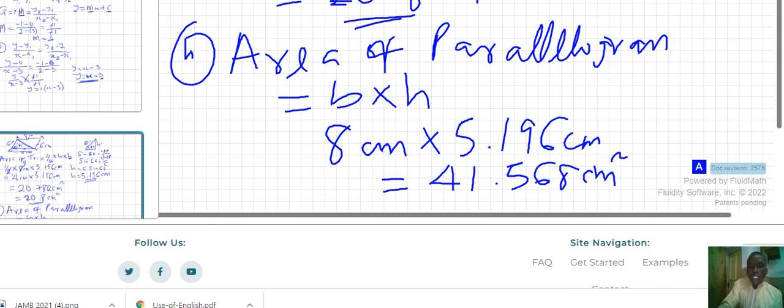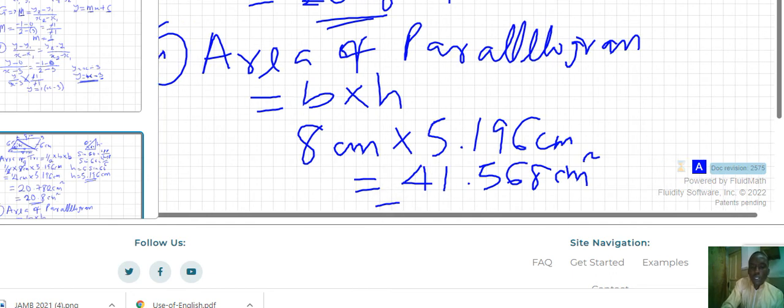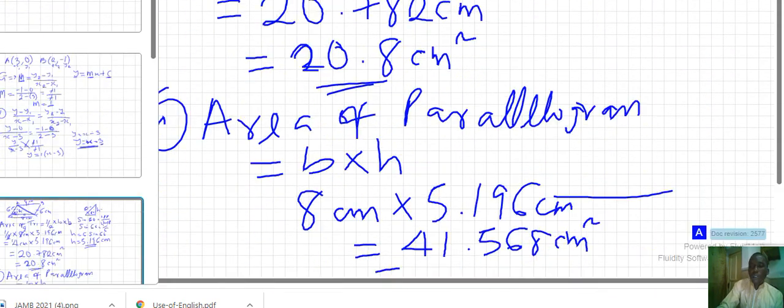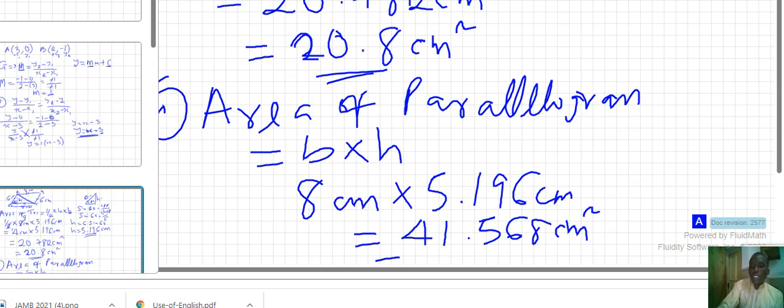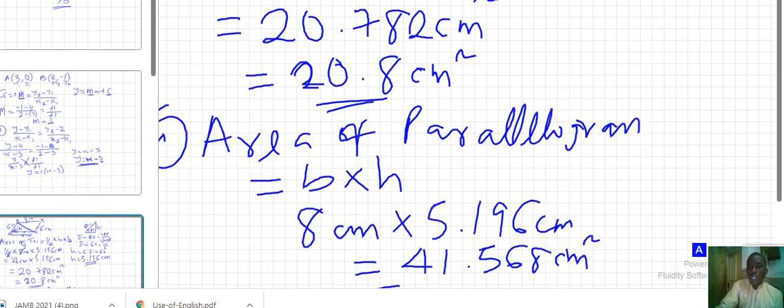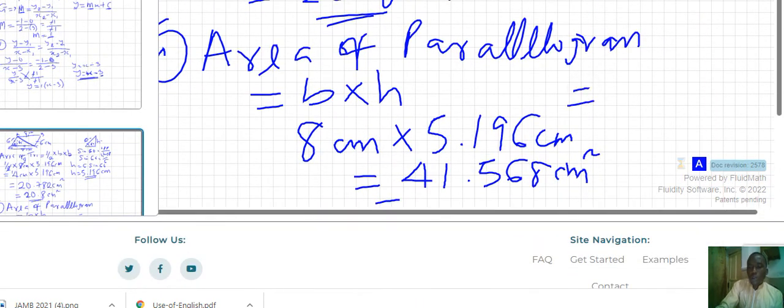Now in 3 significant figure, this is going to give us 41.6 centimeter square.